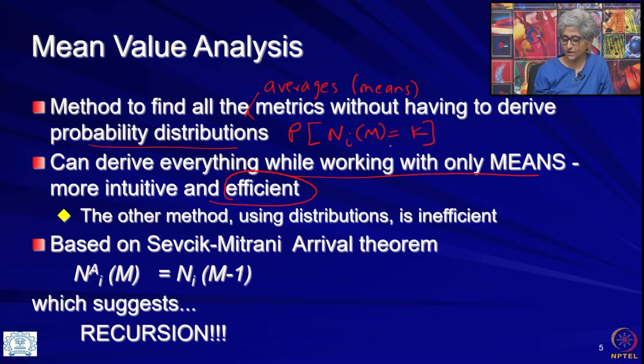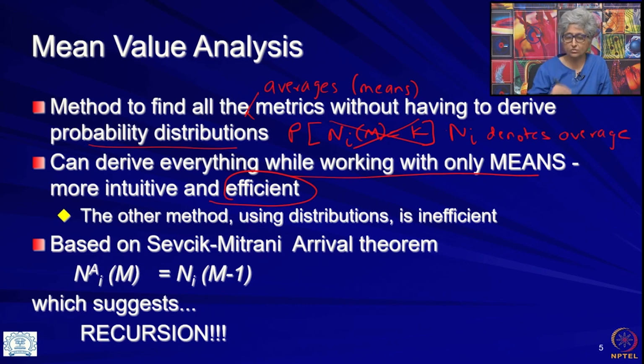So, the probability that the number of customers at node I when the load level is m is never required. In fact, N_i(m) we do not go through this at all, and N_i just denotes averages. It does not denote the random variable, it just denotes the average.